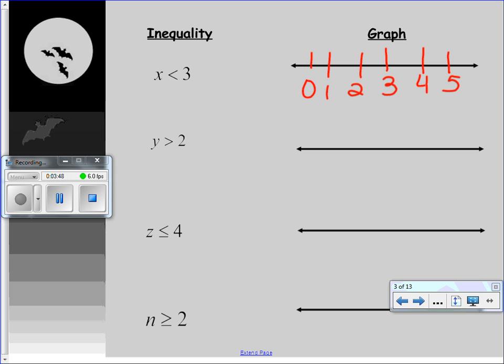So I'm going to go to 3, and I'm not going to close in the circle. I'm going to have an open circle, and the inequality is representing all the numbers less than 3. I will show this example as an open circle because it does not include the 3, but all numbers less than 3.